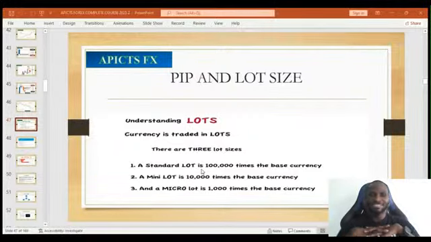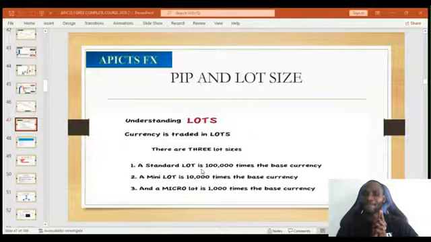Now, if I entered with a mini lot, don't forget that is $1 per pip movement. If it moves 10 pips, I would have made $10. If I enter on micro lot, that is 0.01, $0.10 per pip movement.